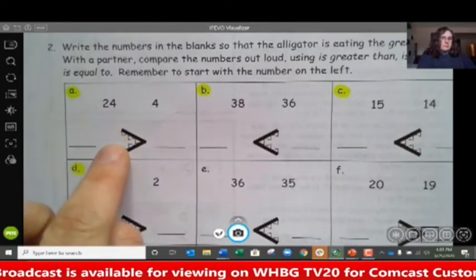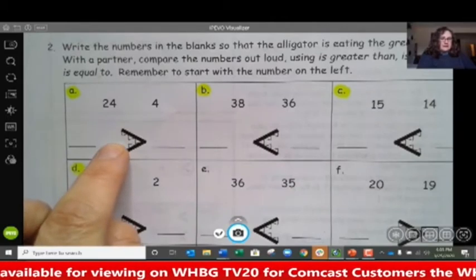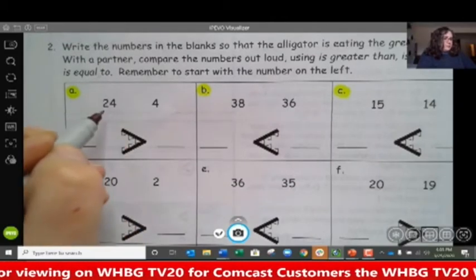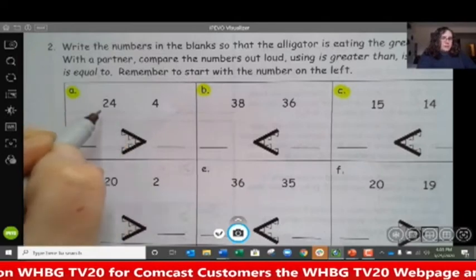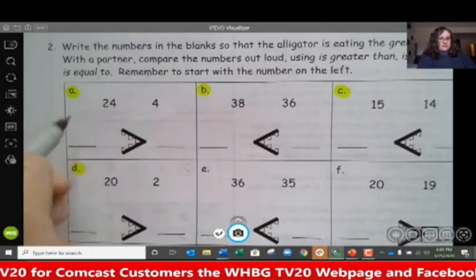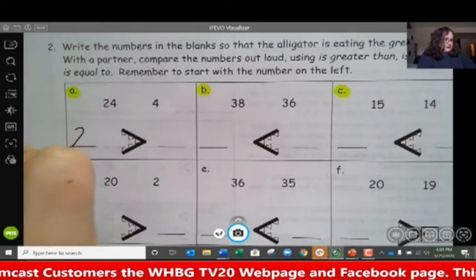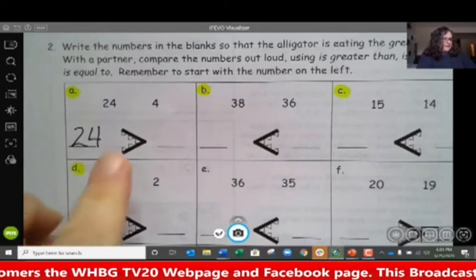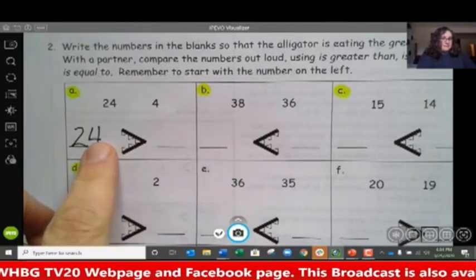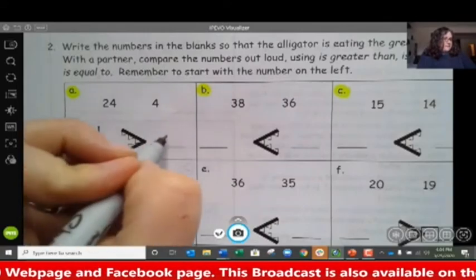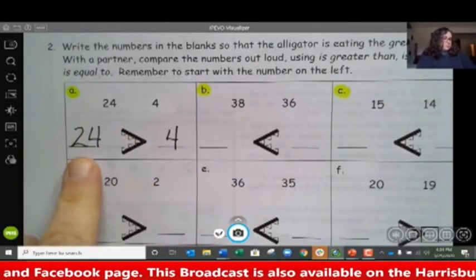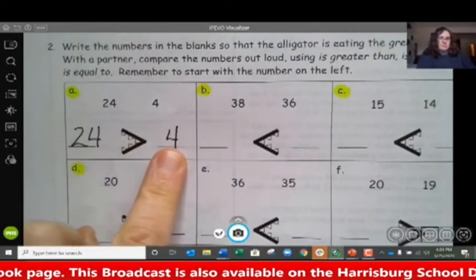The bigger number goes where the alligator looks like it's going to eat it. So 4 or 24? 24 has 2 tens. So I'm going to put 24 where the alligator's getting ready to eat it, the bigger side, and the 4 on this side to show 24 is greater than 4.